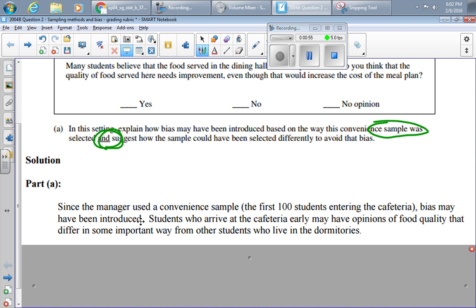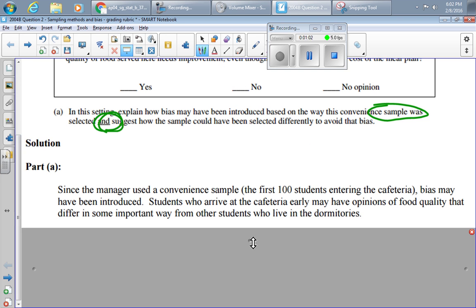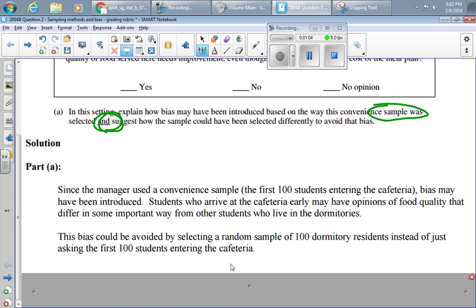Perhaps the students who arrive at the cafeteria early may have opinions of food quality that differ in some important way from other students who live in the dorm. That could be avoided by taking a random sample of 100 dorm residents instead of just asking the 100 students entering the cafeteria. Now, you notice in this answer, they identified the problem with the sampling method, and they talked about how to correct that problem.